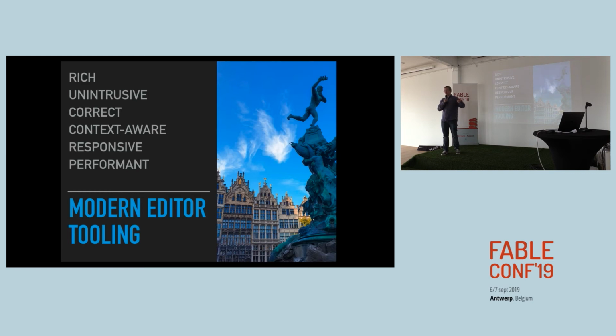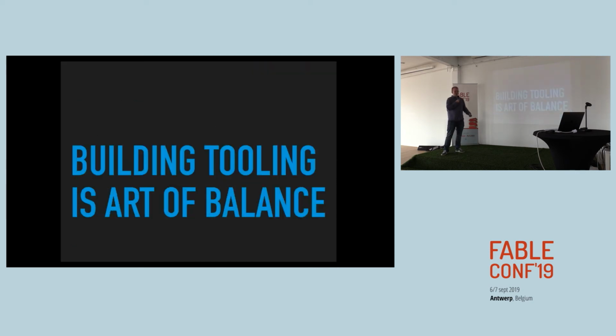It's pretty obvious. The more stuff something does, potentially the slower it becomes. So building tooling is an art of balance between choosing what you want to do, whether you want to have as rich tooling as possible, as many features as possible, as much stuff happening in your editor automatically. But this may be slow. This may be not as nice to use. So it's an art of the balance of choosing the right amount of operations that should happen.